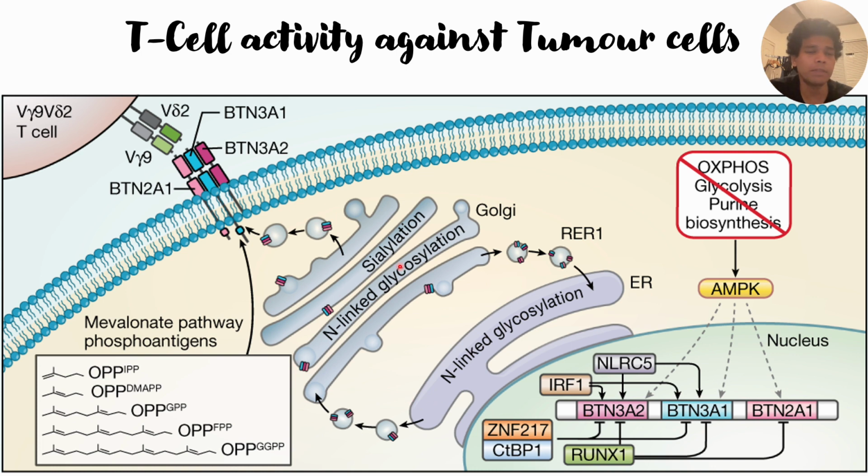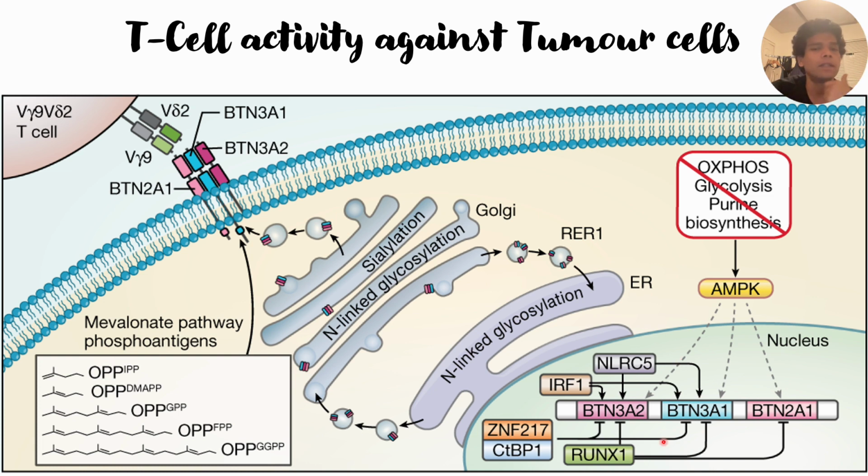Previously, what people were attempting, even in clinical trials, was to increase the amount of T cells to detect more tumor cells with these BTN2A1 receptors. However, the novelty of this study is that they have found the intracellular changes that occur in the tumor cells that lead to these receptors, so that now we can target them.